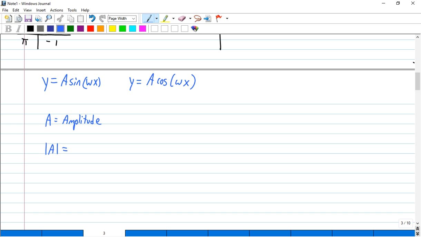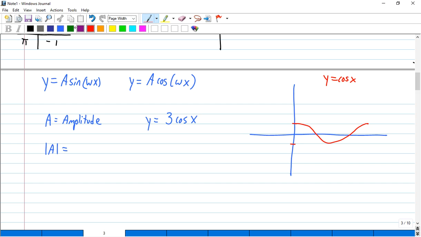So let's say that I had y equals 3 cosine x. I'm not going to draw this all the way out, but let's say that the graph I'm about to put up here is y equals cosine of x.